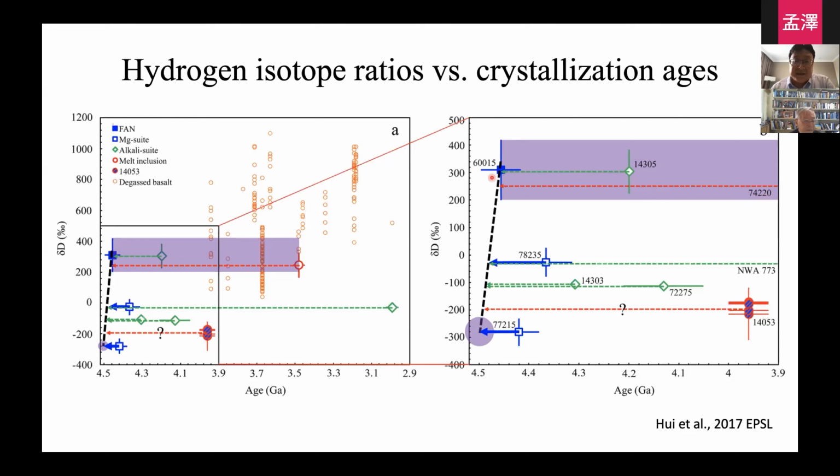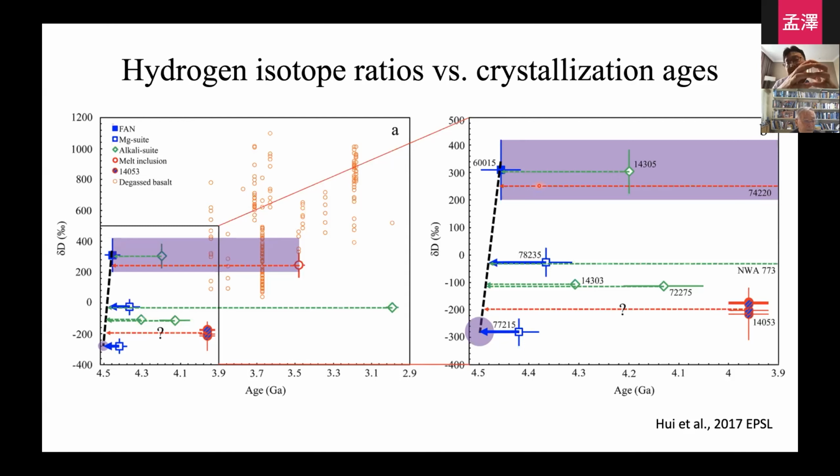And for 60015, as we know, this is ferroan andesite. So it's also late crystallized. We can see that their source regions basically have very similar isotope compositions. So we can interpret this as probably representing the hydrogen isotope compositions after the formation of the lunar crust.